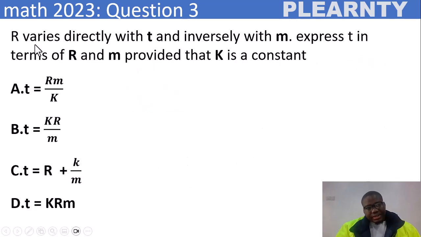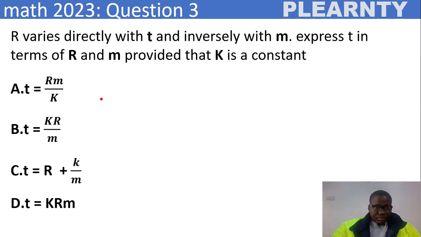So this question says R varies directly with T and inversely with M. This is the same as saying R is directly proportional to T and inversely proportional to M. Express T in terms of R and M, provided that K is a constant.